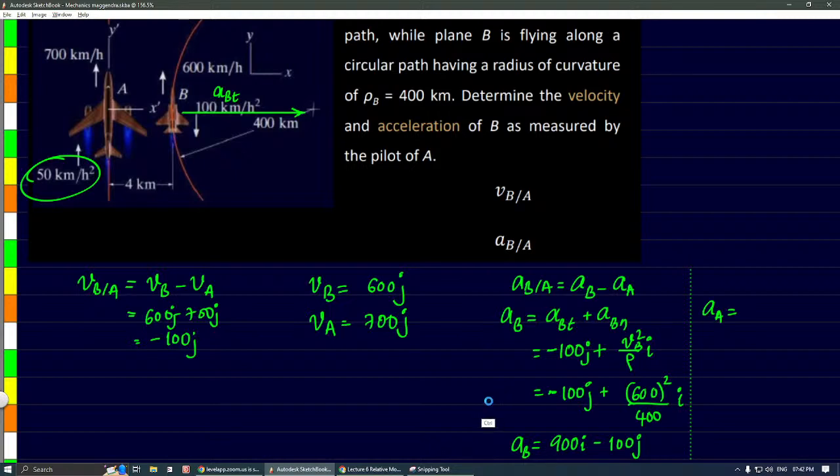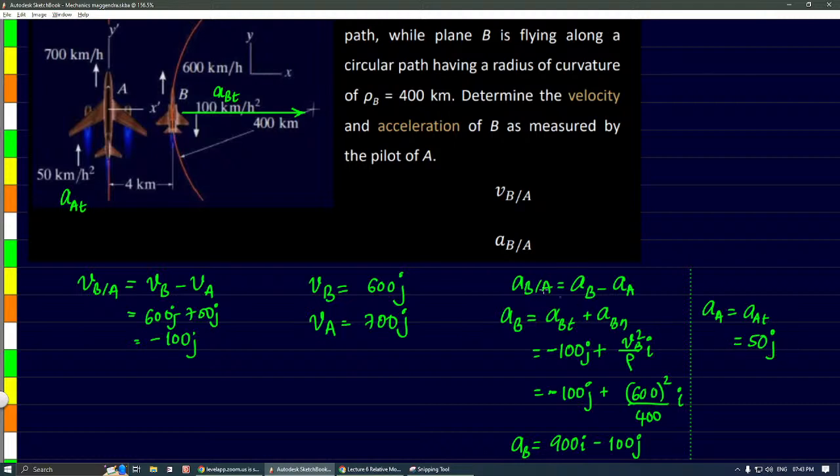So at plus an, but an is 0 anyway, so we can directly take it as the given value, 50 kilometer per hour square. And it is in which direction? It is in y direction, so it is positive and it is multiplied to j.